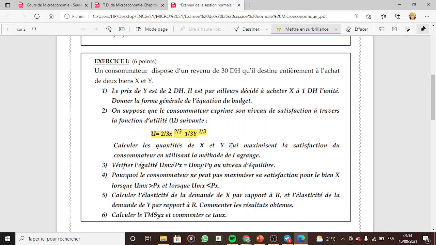So it's an entirely different utility formula. And then it says calculer les quantités de x et y qui maximisent la satisfaction du consommateur en utilisant la méthode de Lagrange. We haven't looked at this one yet. It is the one we look at in the next part of our lesson.